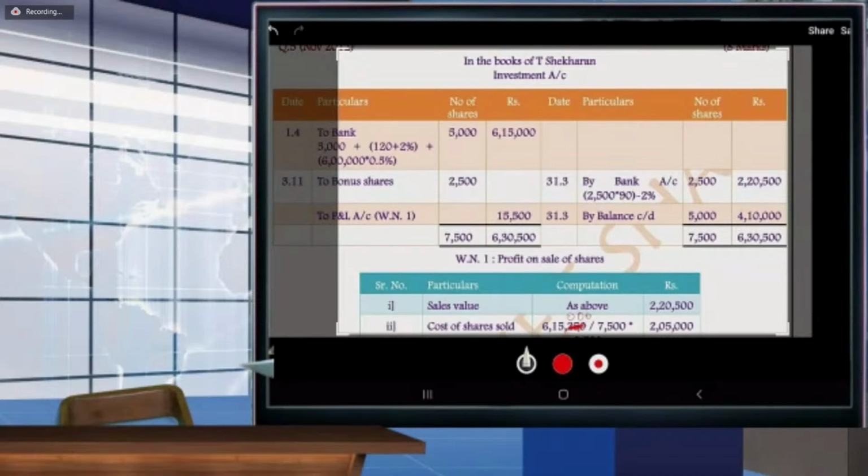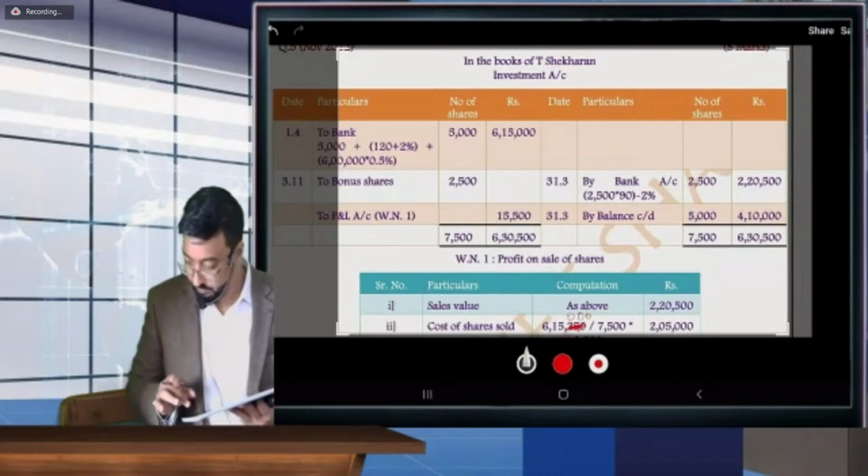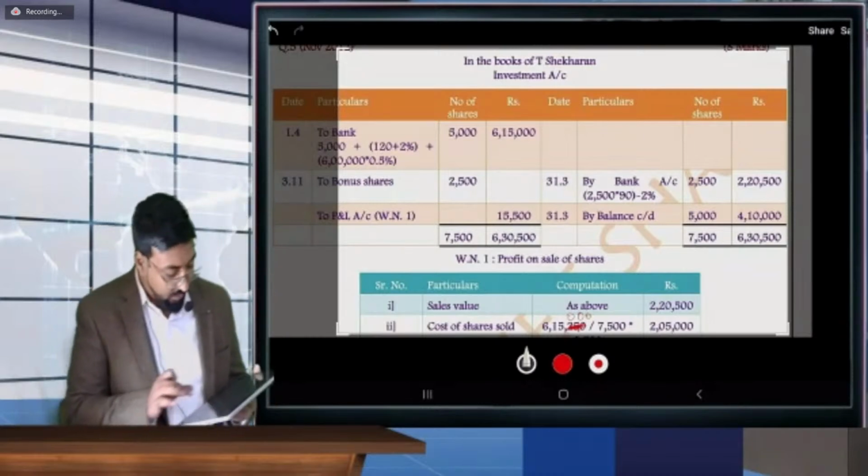चलिए. Now we will see. Yes, now your request is for beta question number.